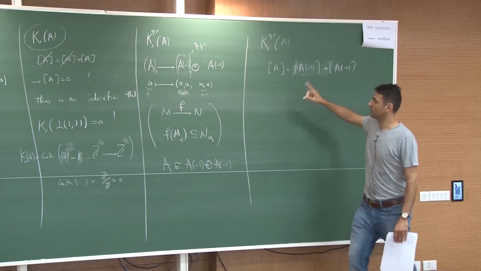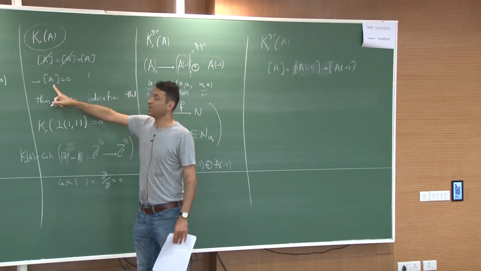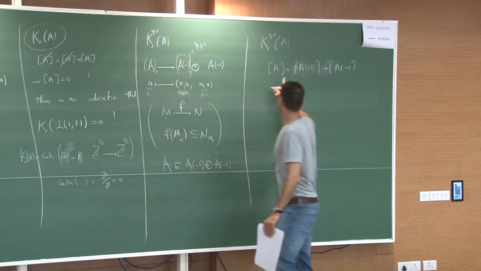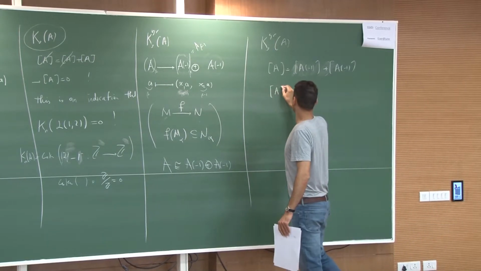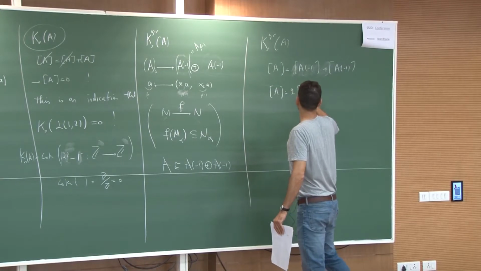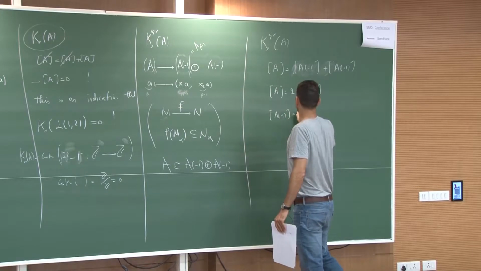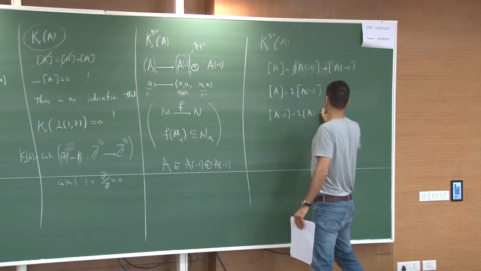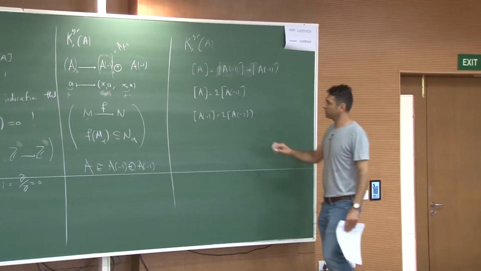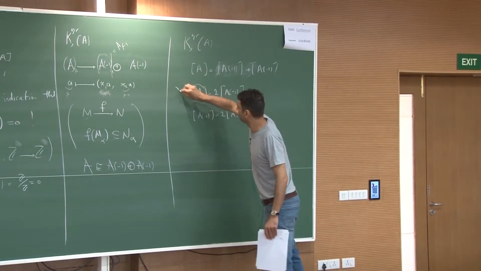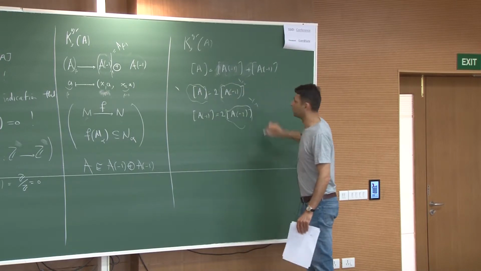And now the difference, previously A was 2 copies of A. That's why I canceled and A would be 0. But here there is no cancellation, right? So all I can say is that A is 2 copies of A minus 1. Exactly the same, A minus 1 is 2 copies of A shifted by minus 2, and so on and so forth. So if you think of this as 1, this has to be 1/2. This has to be 1/4.